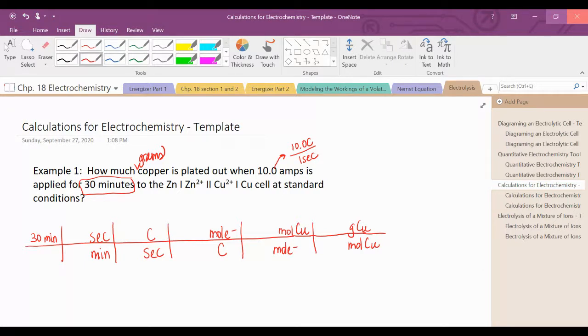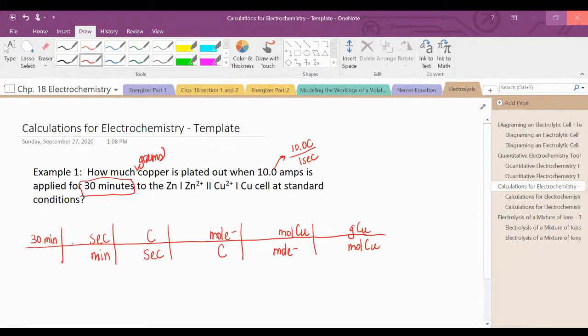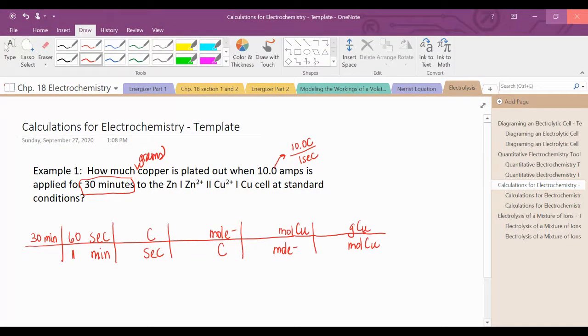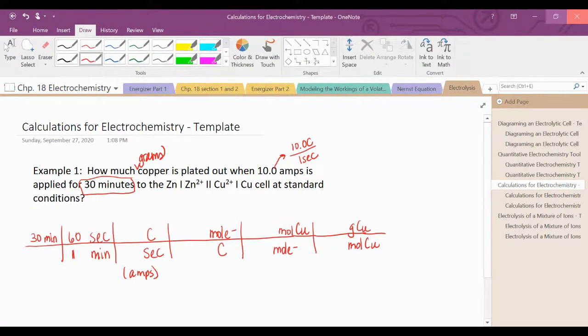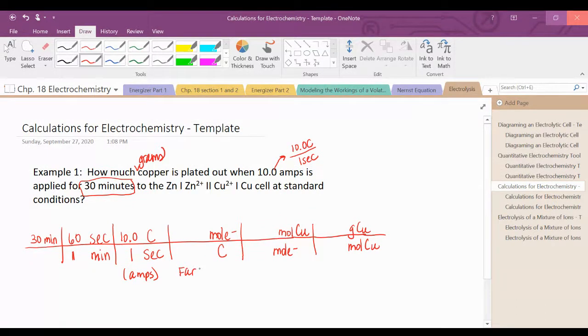And then we can go back and plug in numbers. So we should know that there are 60 seconds in a minute. This is my amps, so there are 10 coulombs for every second. This is my bridge, my Faraday's constant.